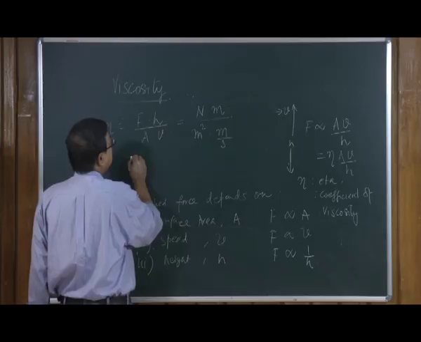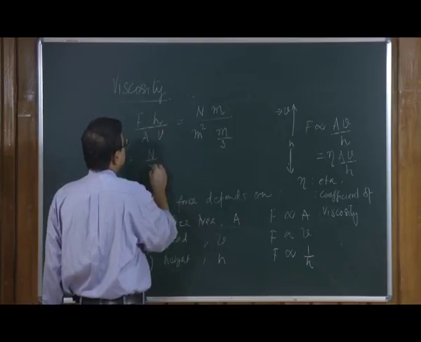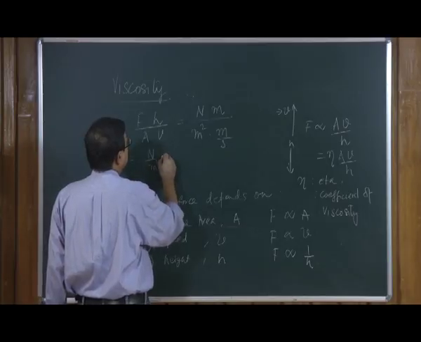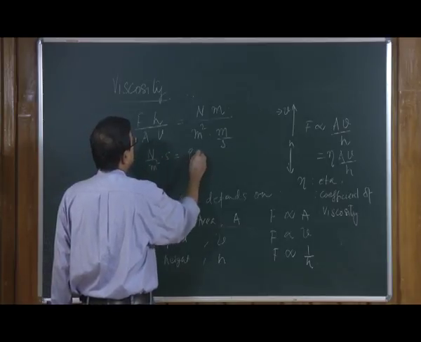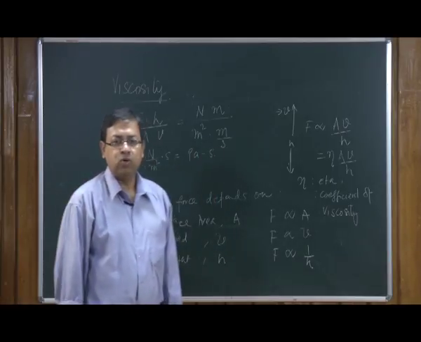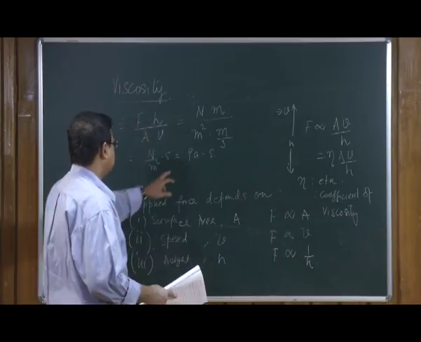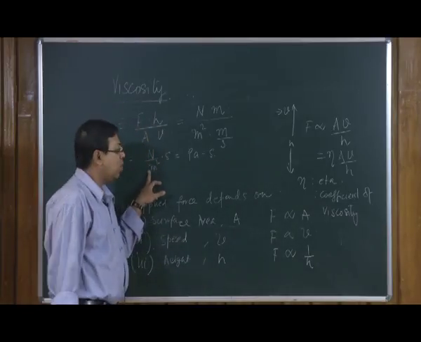So, this is equal to Newton per meter square into second, or this is also called a Pascal second. So, the unit of this coefficient of viscosity is called Pascal second. Pascal is 1 Newton per meter square.